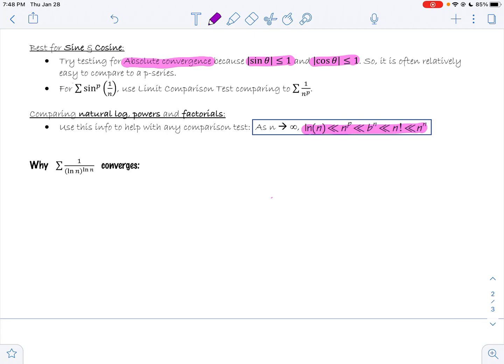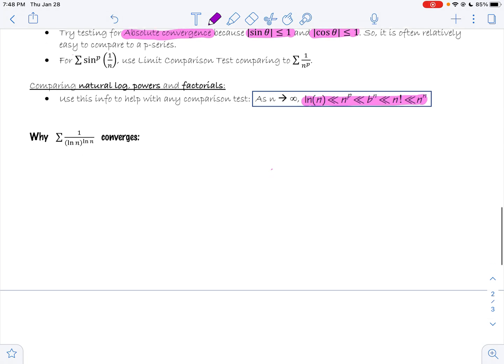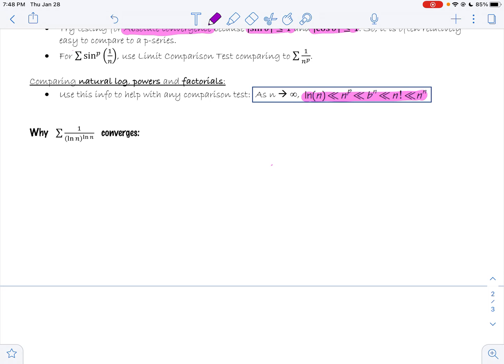It's definitely true as we go out to infinity, but some of these things trade places for a little bit until you get really far down towards infinity. But we're always going to infinity, so we can use the relationship that's really far down at the end. So those are the relationships that we can use.